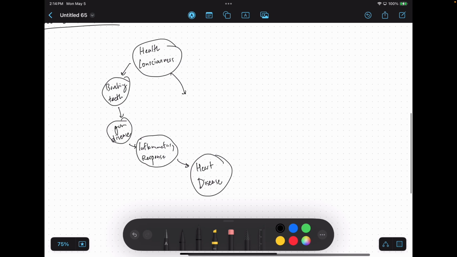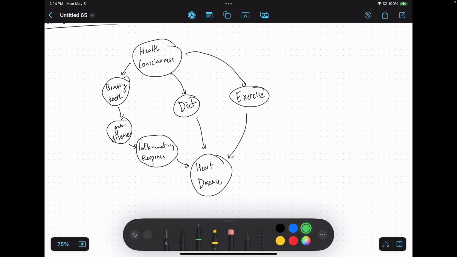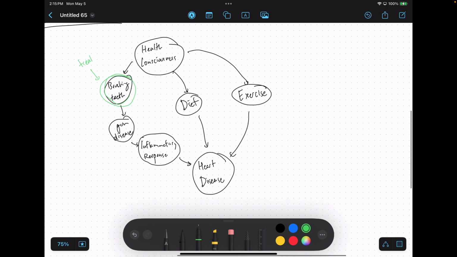And we had two other ways of getting there, two other paths. We talked about diet, right? And exercise. Okay, and the treatment we're interested in is brushing teeth, right? So this is treatment. And our response is here.